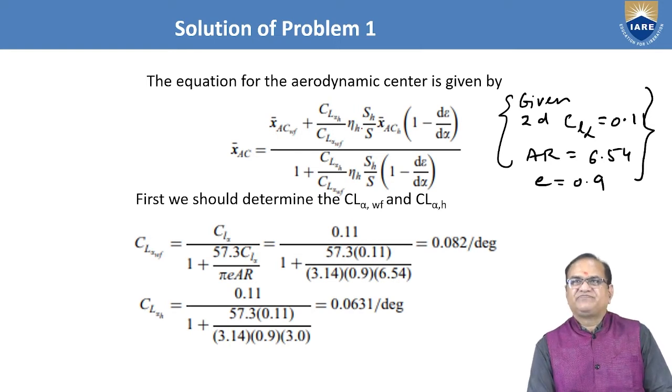Eta H SH by S, X bar ACH, times 1 minus d epsilon by d alpha, divided by 1 plus the same value here: CL alpha H by CL alpha WF, eta H SH by S, 1 minus d epsilon by d alpha.